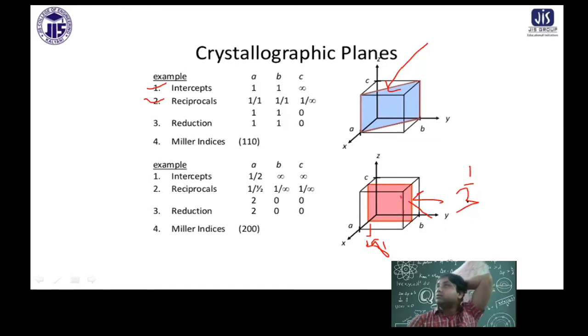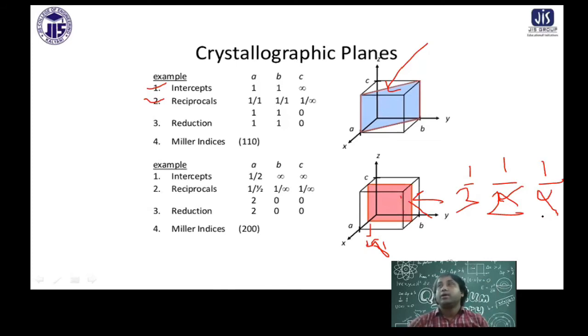In the y direction, how much is it going? It is also half. And in the z direction, how much is it going? It does not meet with the z axis, and it does not meet with the y axis either. So the intersection with y is infinity, z is also infinity.